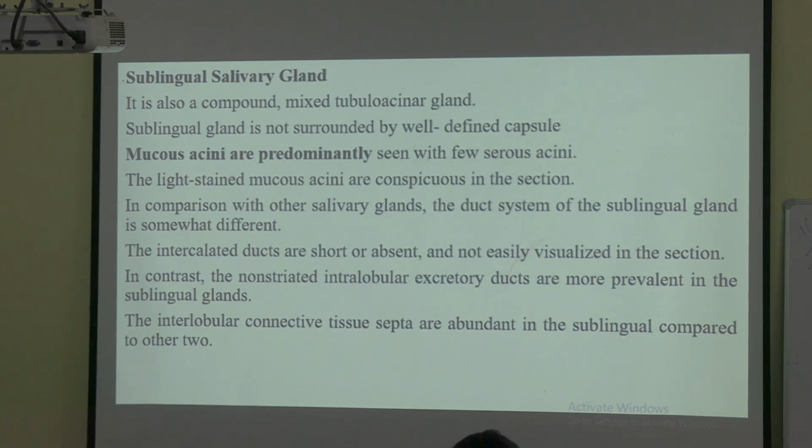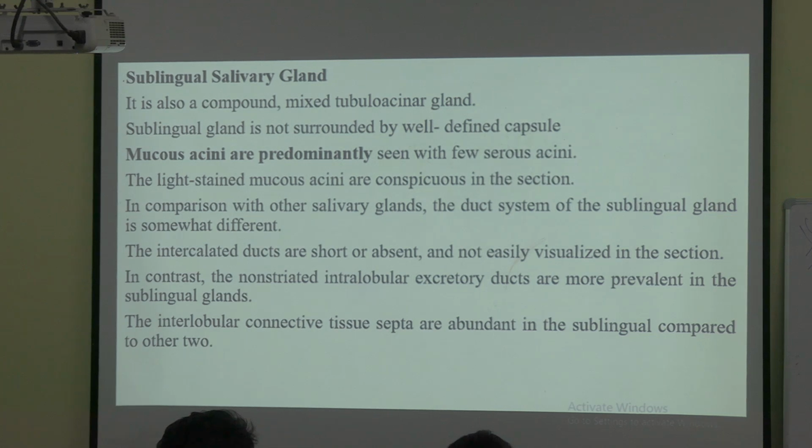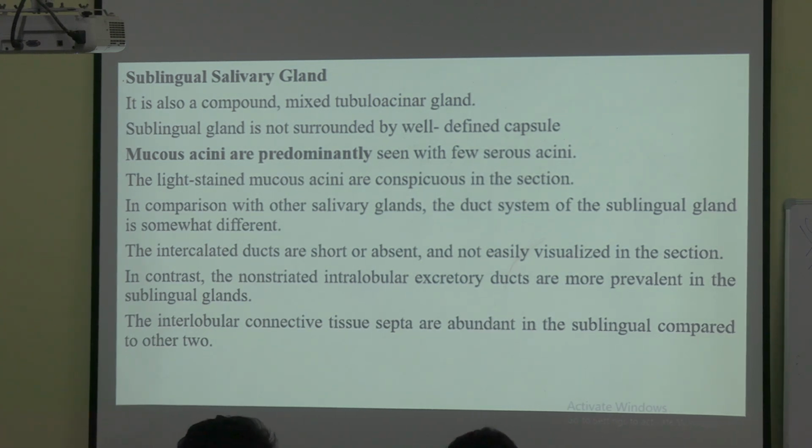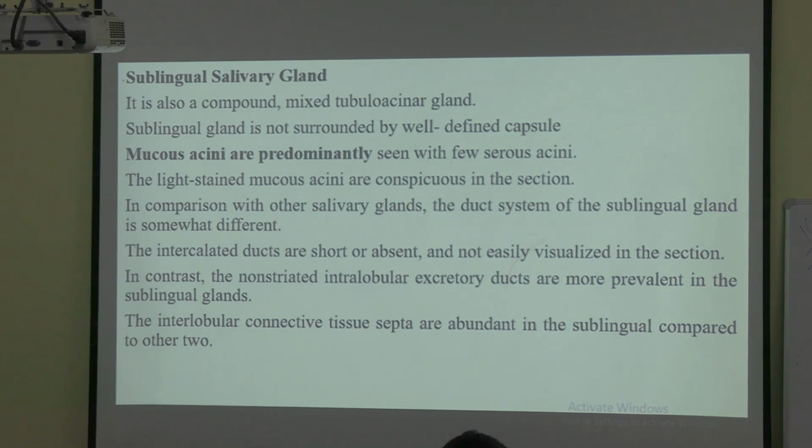So it is a compound mixed tubulo-acinar gland. This gland is not surrounded by a well-defined capsule. Mucous acini are predominantly seen with few serous acini. Mixed acini are also seen, but here you will see a large amount of mucous acini.